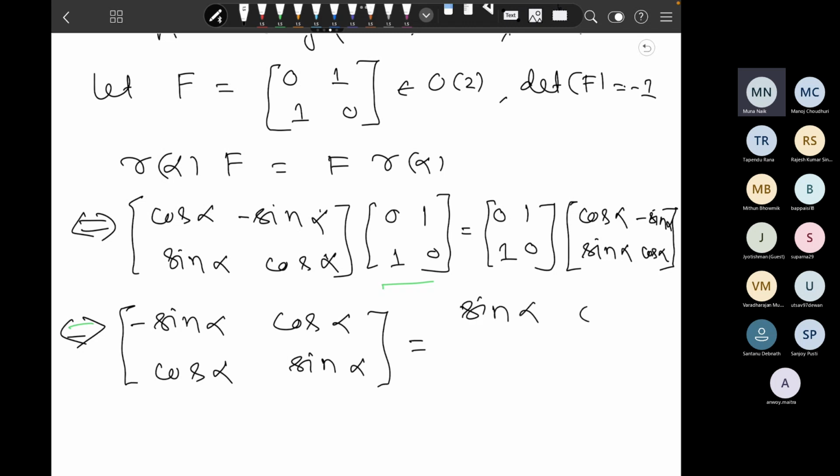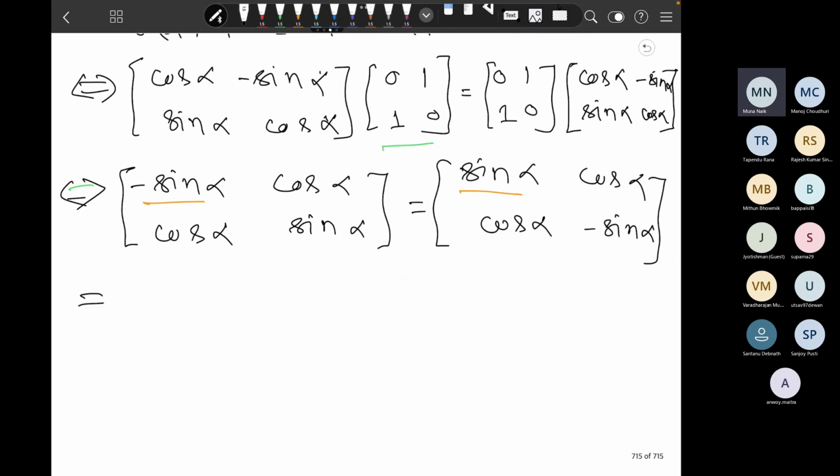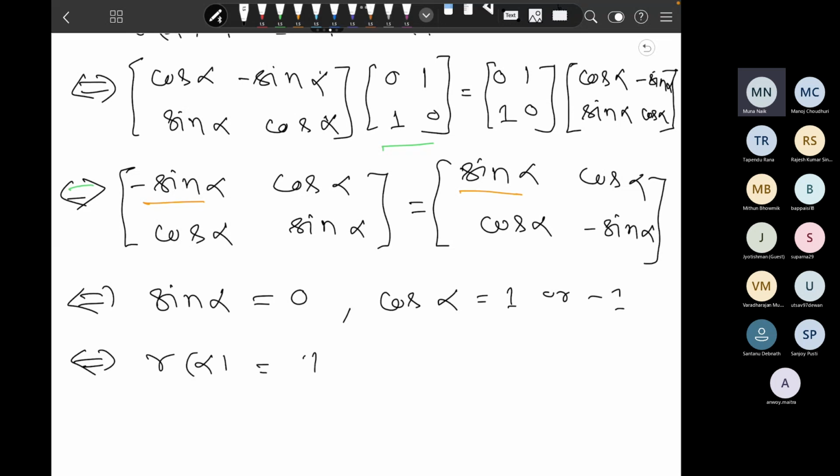And look at this thing. This implies that minus sin alpha is equal to sin alpha, if and only if sin alpha is equal to 0. Therefore cos alpha is really either 1 or minus 1. So this implies R alpha is either identity or R alpha is equal to minus identity.